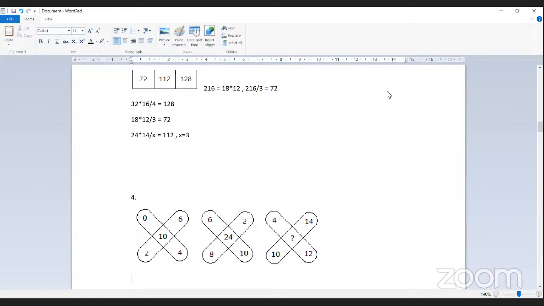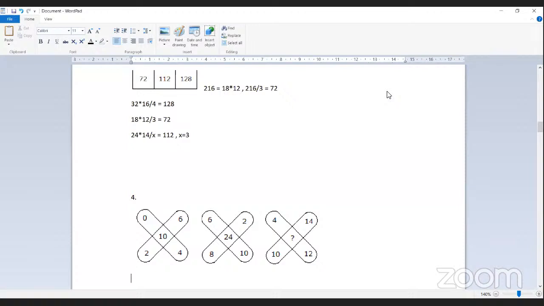Correct. Right. So see, here it's a double digit number in the middle, but it's very close to the single digit, meaning it's not very high. So we can try first to add them all and see if there are any connections. First would be 0 plus 6 plus 2 plus 4, which is 12.